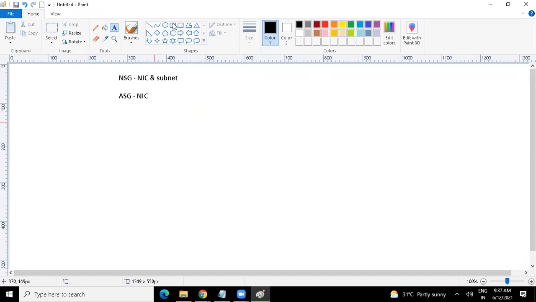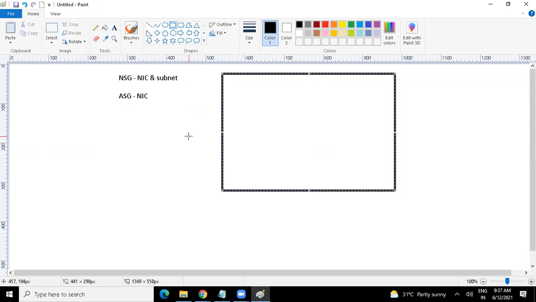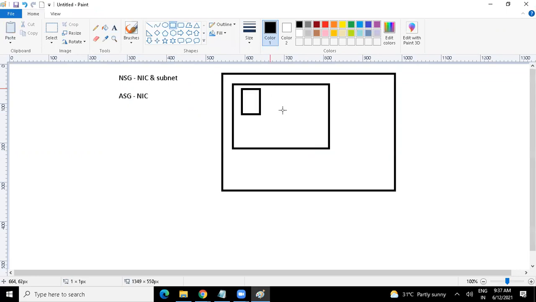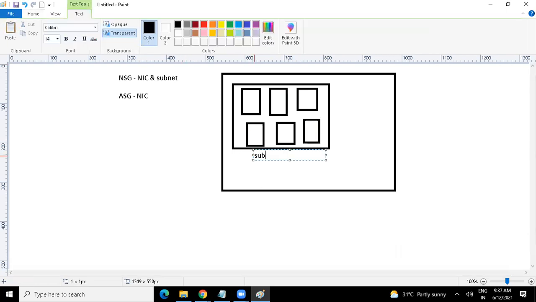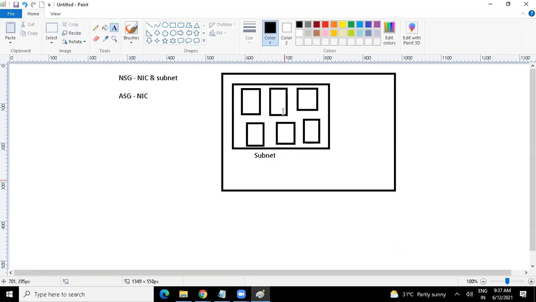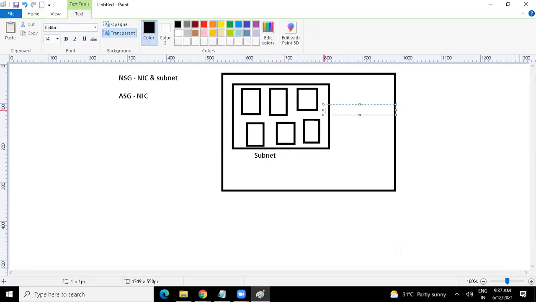For example, let's say this is one network. Inside this network you have one subnet, and in this subnet you have multiple VMs. For all these VMs you want the same NSG rule. So we will simply apply the NSG at the subnet level. Instead of applying the NSG 6 times, we can apply it once at the subnet level.